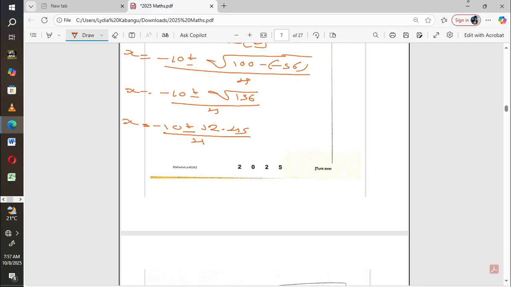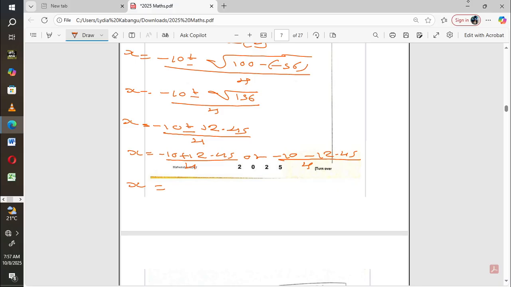You divide by 4. So from there, you can have x equals to negative 10 plus 12.45 over 4, or negative 10 minus 12.45 over 4. That one we can just do direct there. What is negative 10 plus 12.45?